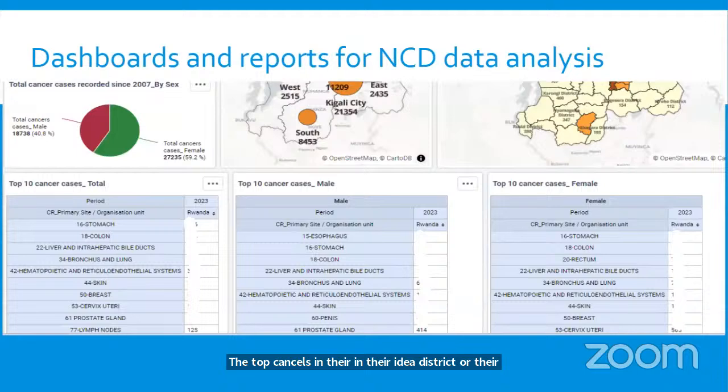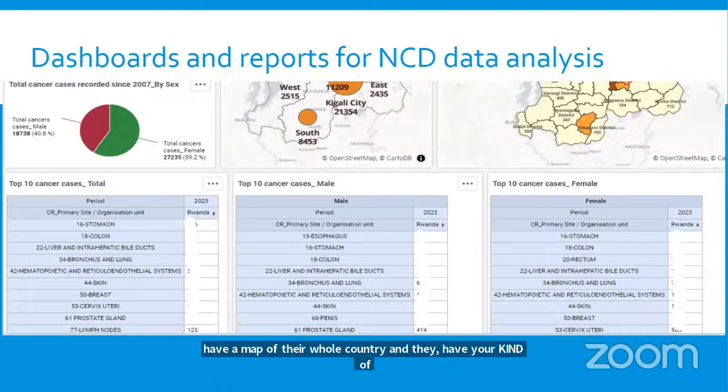This dashboard at the national level has a map of the whole country, and they can see total cases by gender, or, because this is individual data, they can do it by age or by any other criteria.